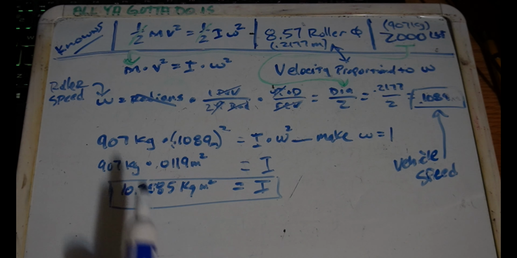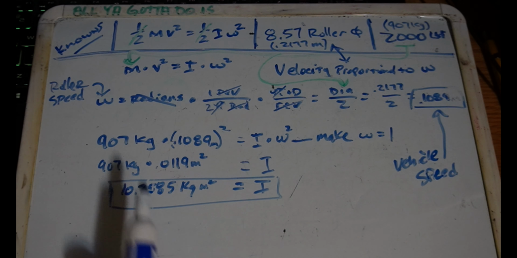Omega is in radians, but we don't really want it in radians, we want something linear. Omega is in radians per second and the velocity is in meters per second, but the seconds will cancel out, so I'll just say omega is in radians.